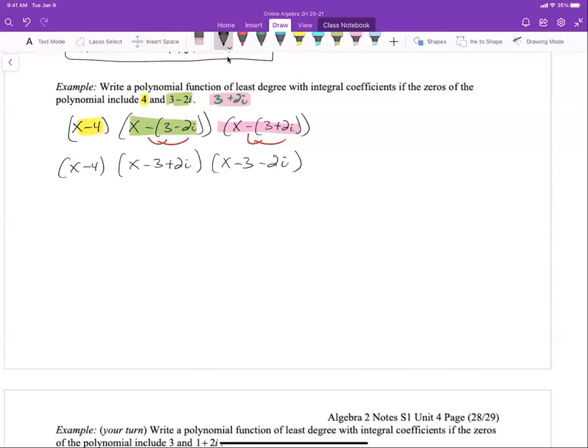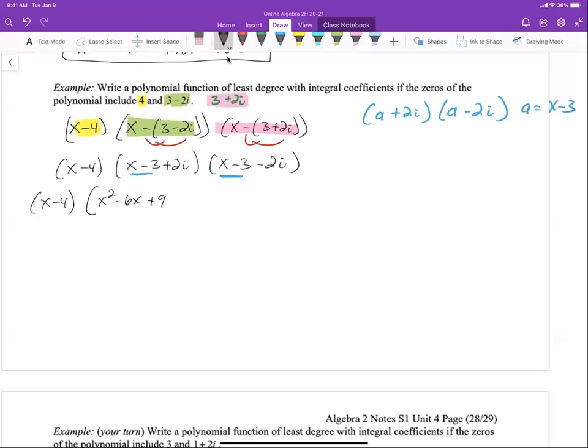Now I have to multiply these two trinomials, and I'm going to focus on the fact that this is a single term. So it's more like a plus 2i times a minus 2i, where a is equal to x minus 3. So if I multiply, let's just go ahead and bring my x minus 4 down. x minus 3 times x minus 3, I get x squared minus 6x plus 9.